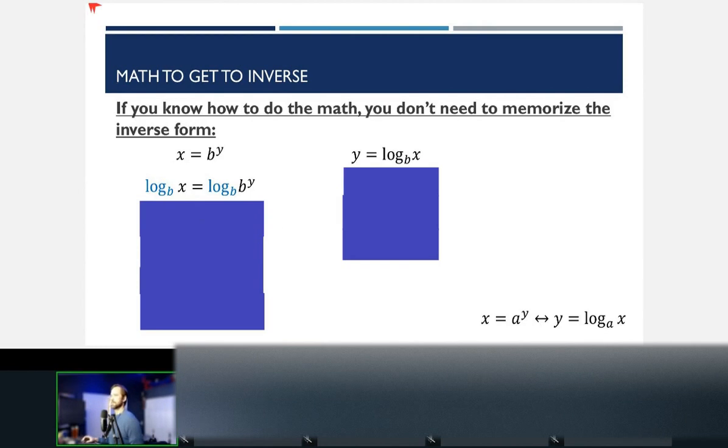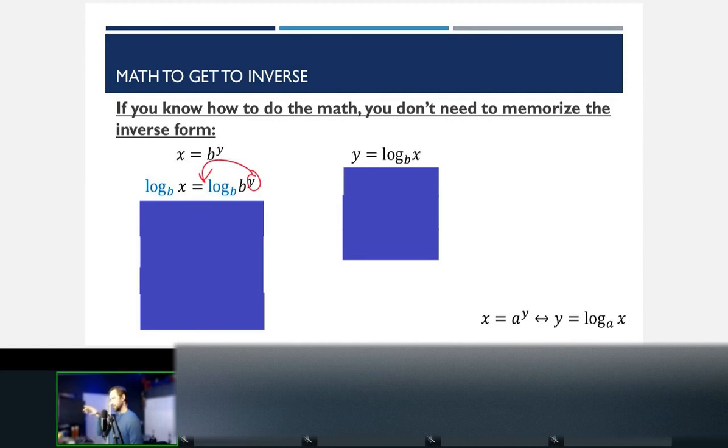All right, next. Now, a log property that we haven't ever learned before until just now is when you have log base b of b raised to some exponent, we are allowed to take this exponent and move it in front of the log. It is a log property that we can do that.